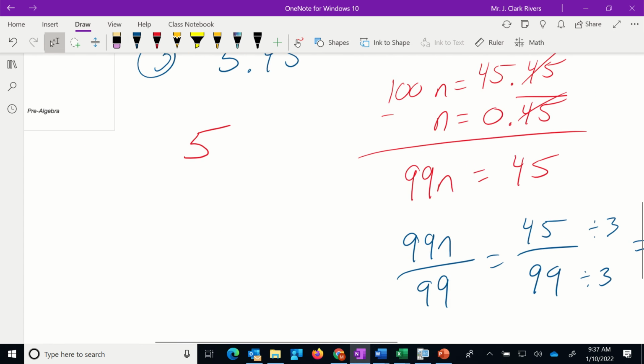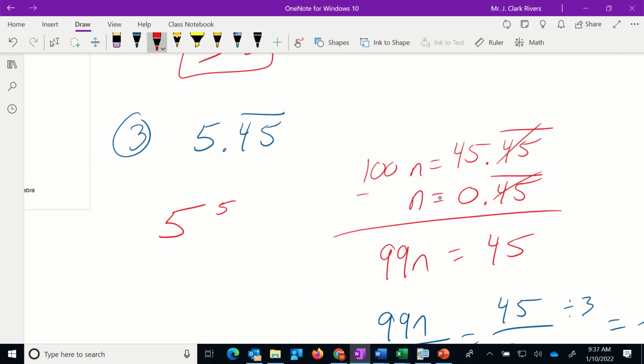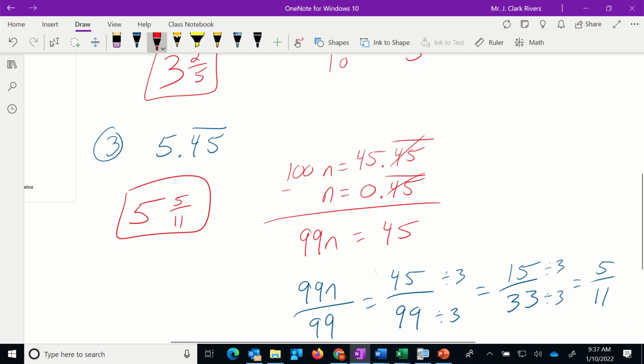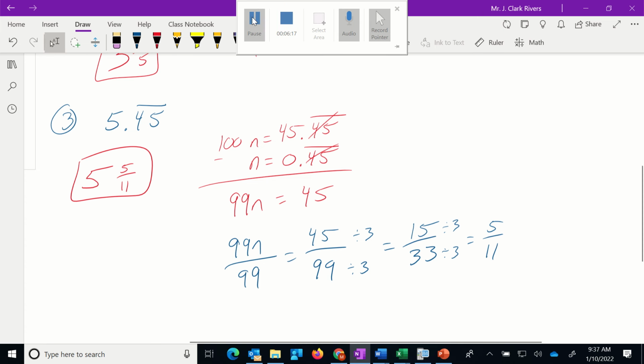So 5 and 5 elevenths. There we go. Yes, Veda. Since it's always, if it has the bar over the last 2 digits, then it's over 99. So I just did 5 and 45 over 99, and I didn't show my work, but I have to. That's fine. I know what you did.